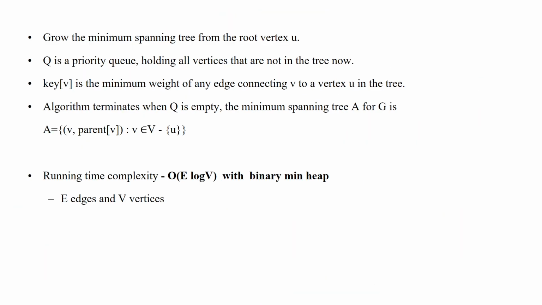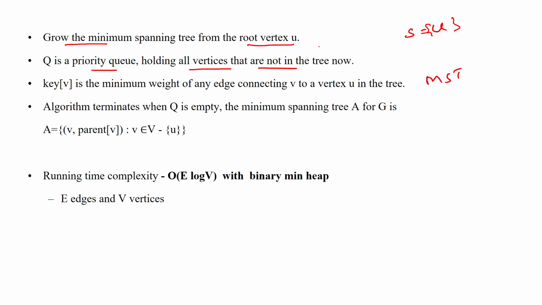As per the given algorithm in the previous slide, first we have to construct the minimum spanning tree from the root vertex u which is available in the set. Then we use the priority queue which initially has all the vertices in the graph that are not connected in the minimum spanning tree.